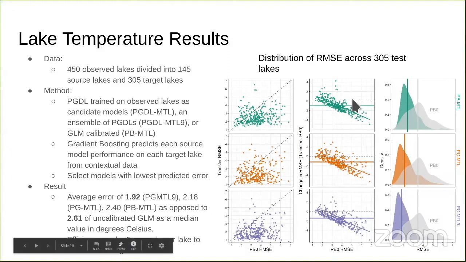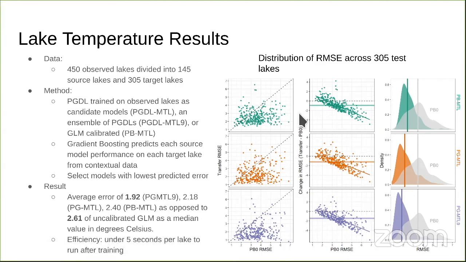And the top row here is also interesting because it's the exact same experiment as the middle row, selecting a single source, but instead of using 145 PGDL source models, we use 145 calibrated GLM source models. So these don't actually use any deep learning, but it's just, can we transfer parameters calibrated on well-observed systems to unobserved systems? And is that predictable using a meta model?